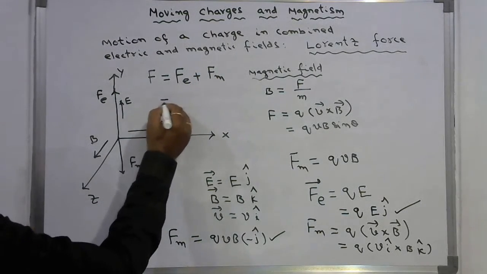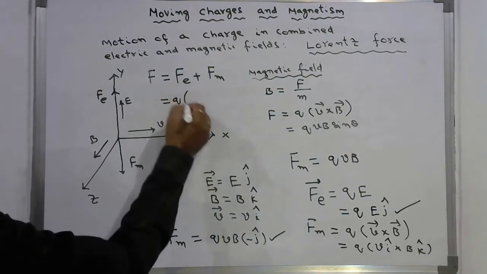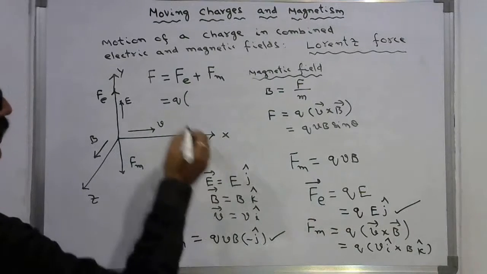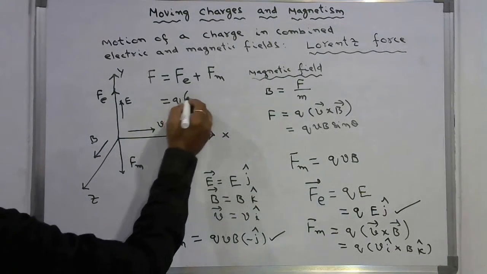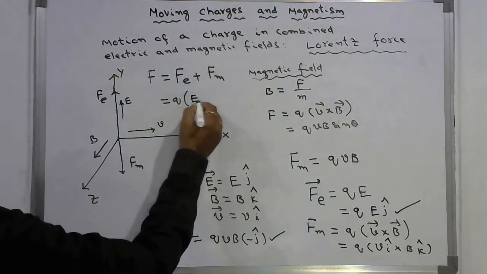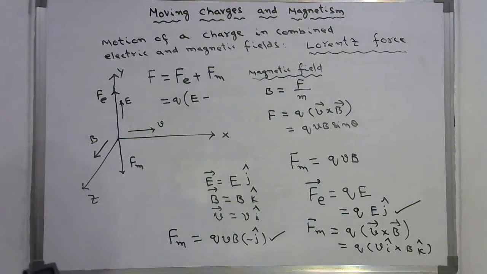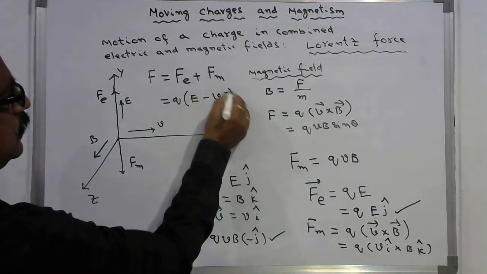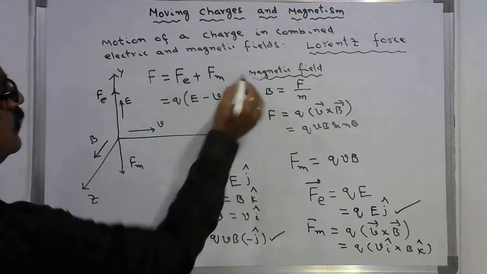So I write here Q into force due to electric field, that is Q into E, minus VB into J cap.